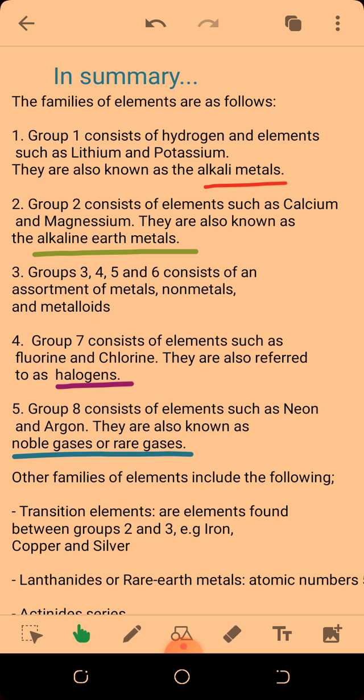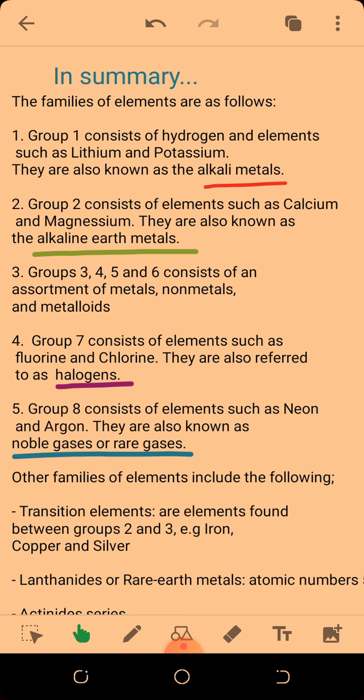Group 8 elements consist of the noble gases or rare gases. Other distinguished families of elements in the periodic table are the transition elements, the lanthanides or rare earth metals, and the actinide series.